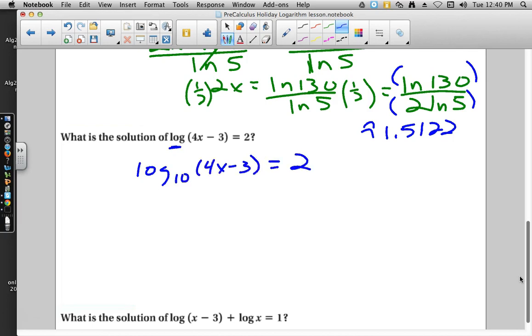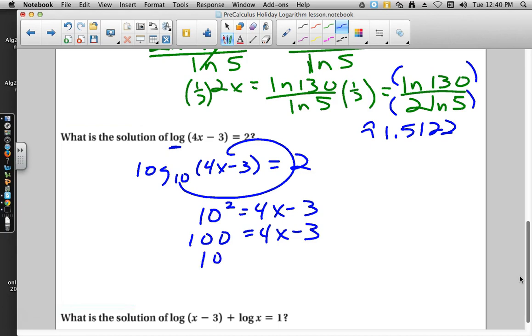And whenever we're in a situation where we have logarithms that we need to solve, we want a snail shell so we can get an answer. So to get rid of that logarithm piece, we have to exponentiate, which means we're going to take 10 squared and set that equal to 4x minus 3. Well, that's 100.